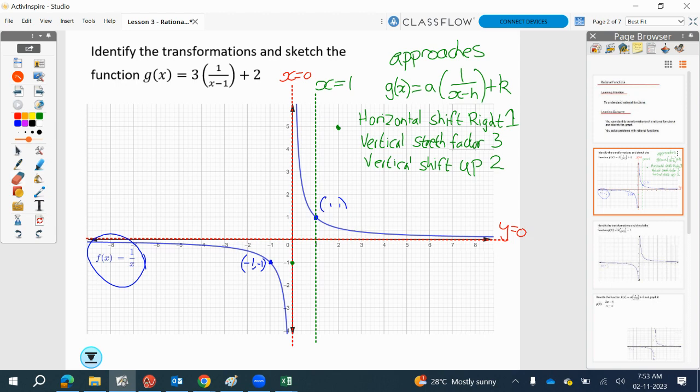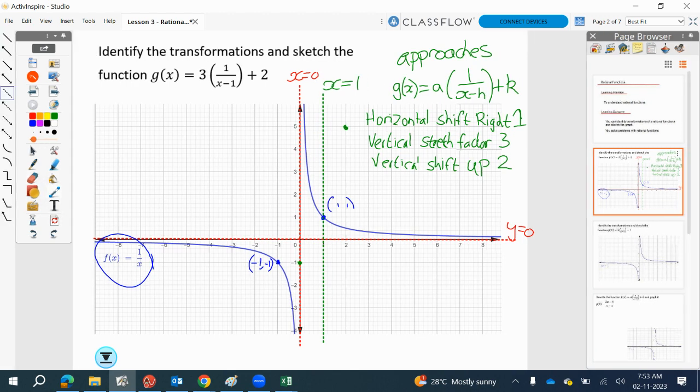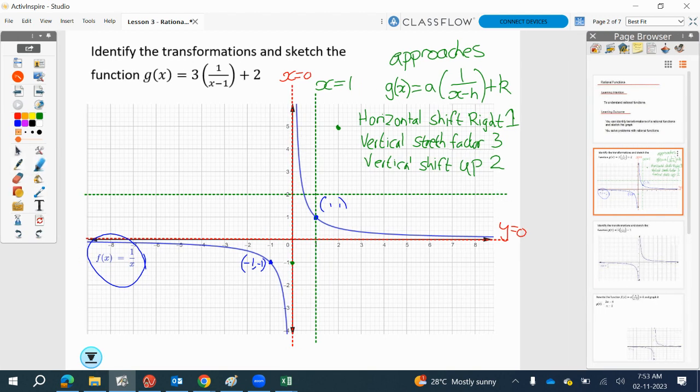No, because 3 times 0 is still 0. Is it going to get shifted upwards? Yeah. So our horizontal asymptote is going to go up by 2, and it's going to be here. So there is our horizontal asymptote. This is now y equals 2.